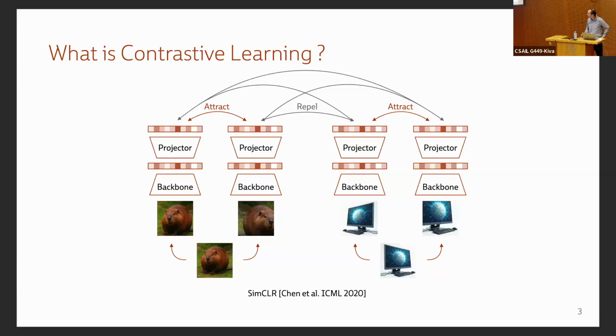But the problem is that if we consider a different image, so instead of having a computer, on the right we have a bear, then before we had a comparison between a beaver and a computer, and now we are having a comparison between a beaver and a bear. So do we repel these examples in the same manner?